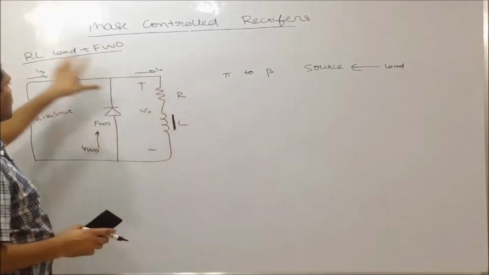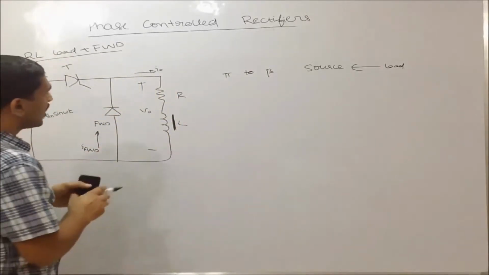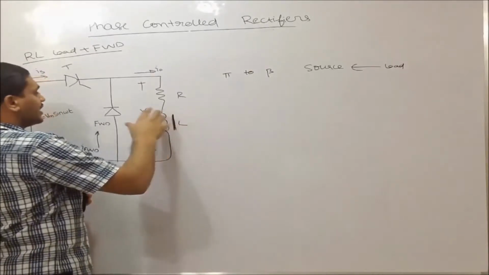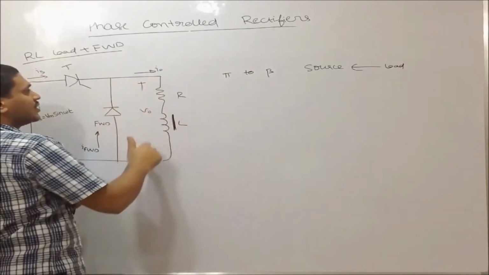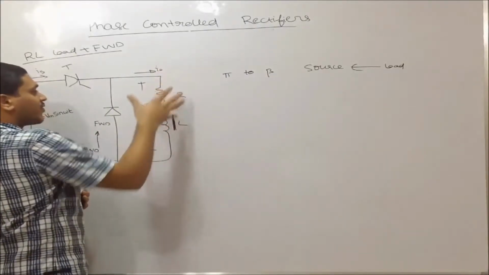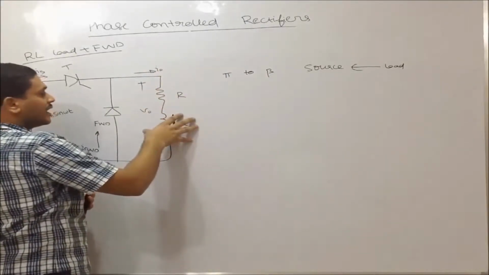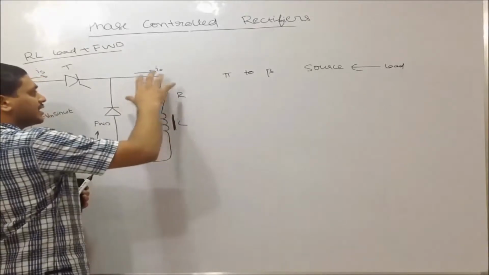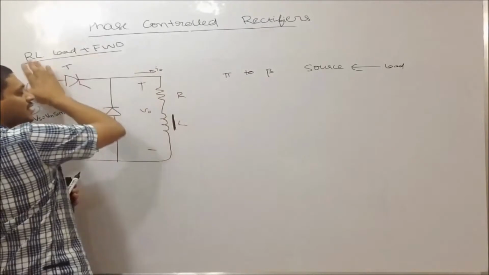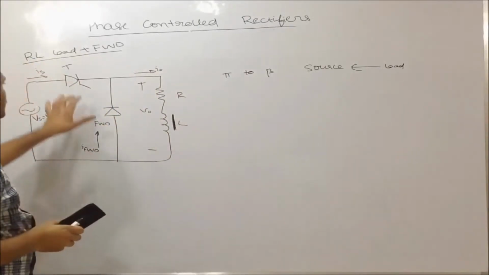The power won't be pumped back to the source. The energy contained in the inductor is freewheeled in this circuit. Thereby the resistor gets power from the energy stored in the inductor, and the energy is dissipated in the circuit only, and it won't be pumped back to the source.